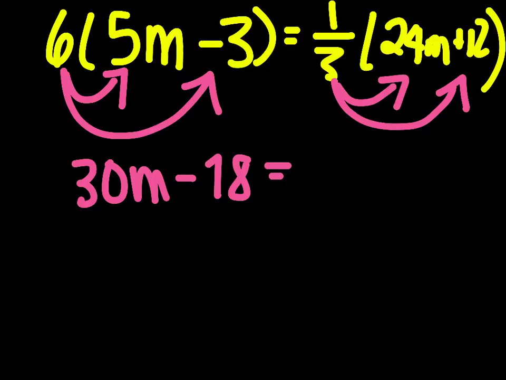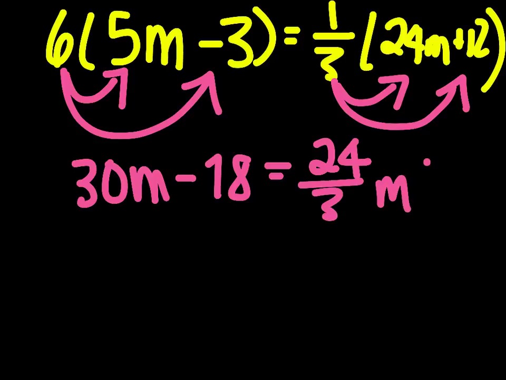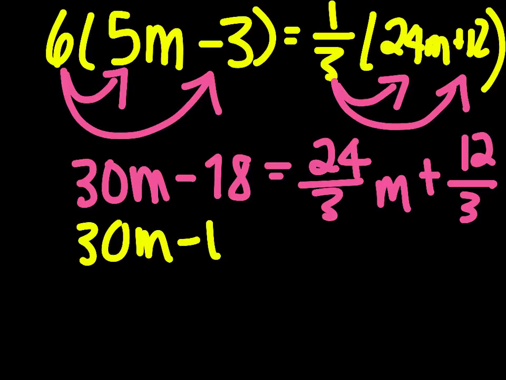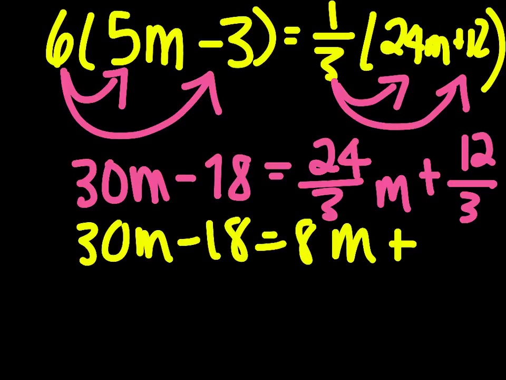So 1/3 times 24m would be 24 over 3m plus 12 over 3. And then we can take it down again so we don't have those kind of weird numbers, and we would get 8m plus 4.